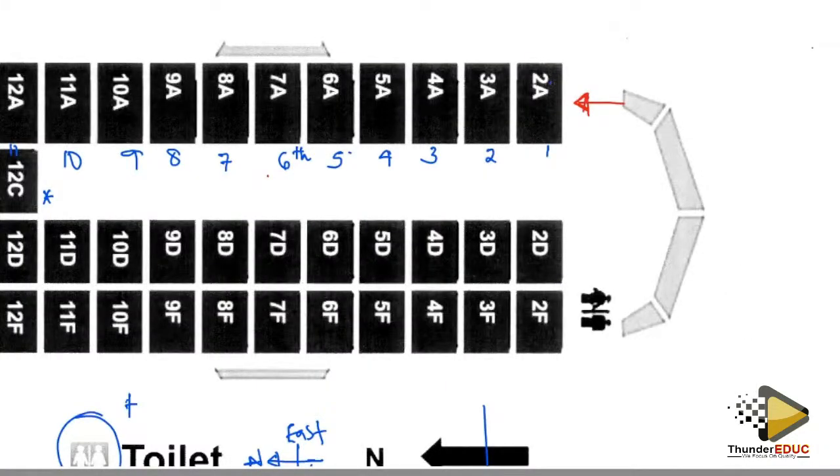So we shall go to 6F. 6F is here. We draw a small compass. Remember, this is north, that's east, west, and south. So we are heading to 12A.